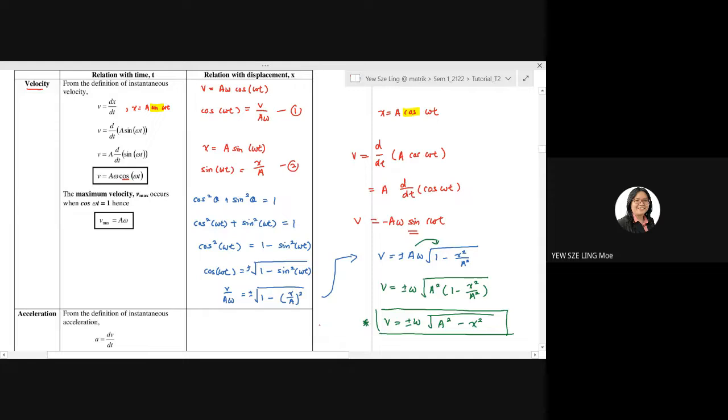Okay, so 1 more minute for you to write it down. So remember, you have the relation with time and also the relation with x.